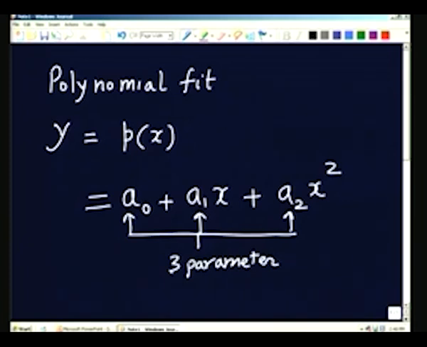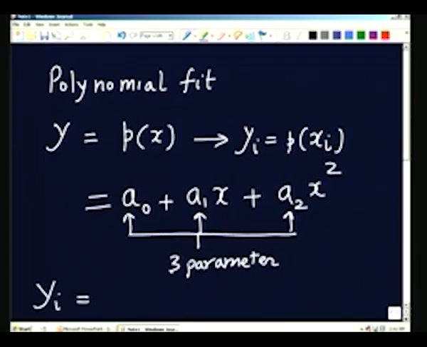So, the expression which I have here, y equal to p of x, will be used when it comes to the application of this model as yi equal to p of xi. That means I can elaborate it and write it as yi equal to a naught plus a1 xi plus a2 xi squared.